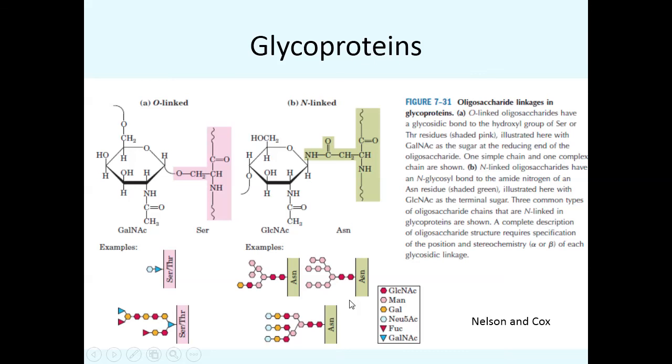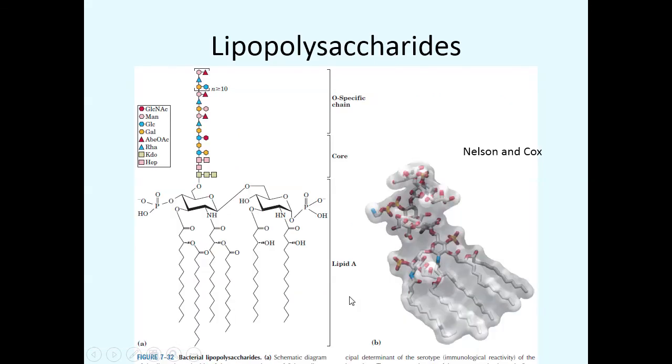The next type of carbohydrate complexes are lipopolysaccharides. As the name says, this is a complex of carbohydrates with lipids. Lipopolysaccharides are found in the membrane of gram-negative bacteria.